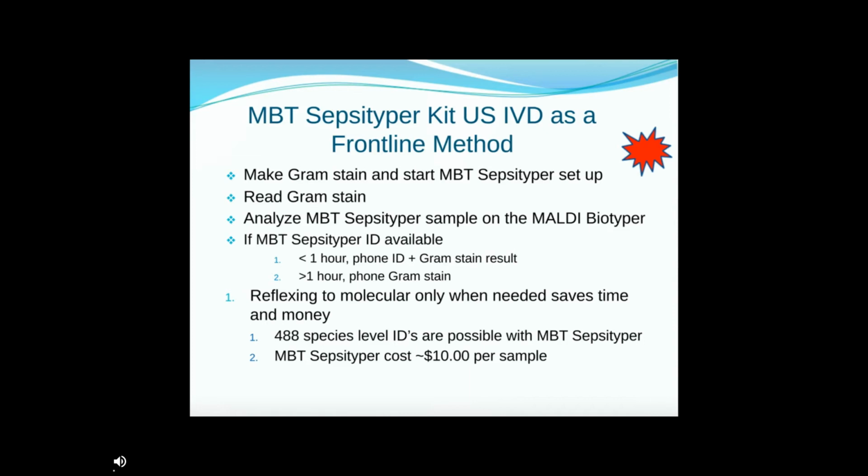There have been quite a few times that we have said, let's just wait and see what the Sepsityper gives us for an ID, and that way we know what the actual gram stain is. So that's another great feature of what the Sepsityper can do for us as far as identification of organisms. Then, depending on what the organism is, will depend on whether we're going to reflex that to our molecular testing, which I will show you in the next slide.